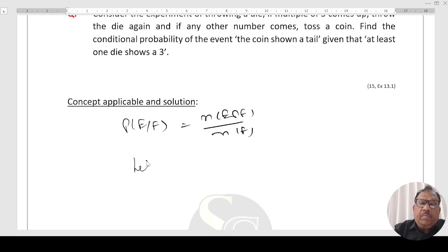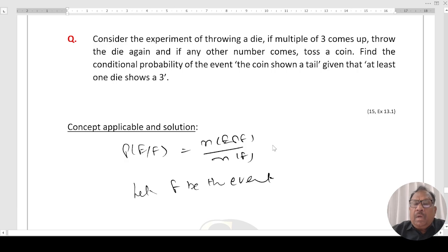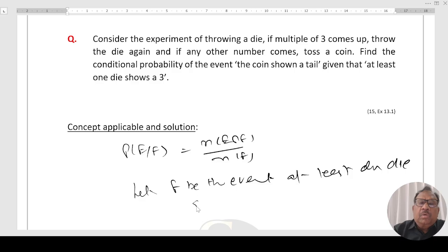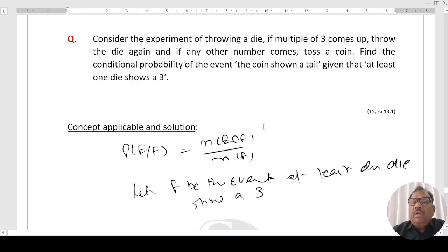Let F be the event that at least one die shows a 3.